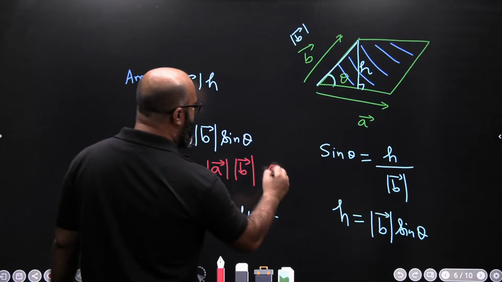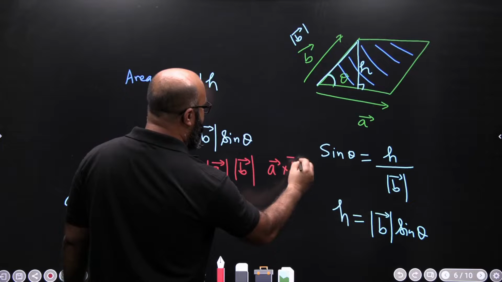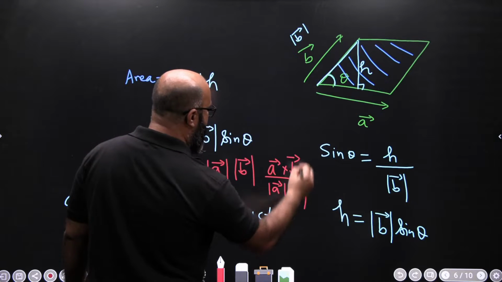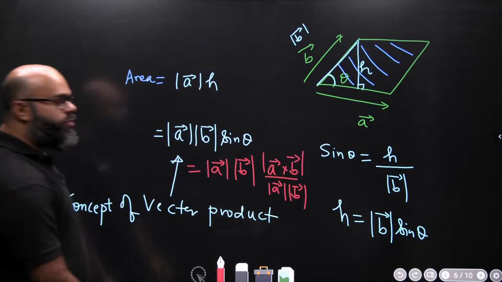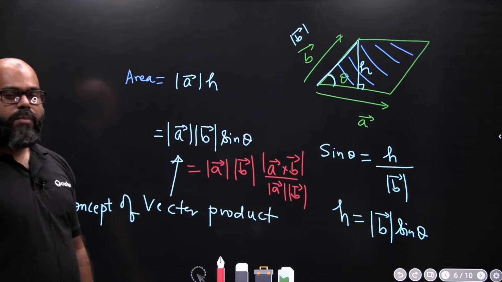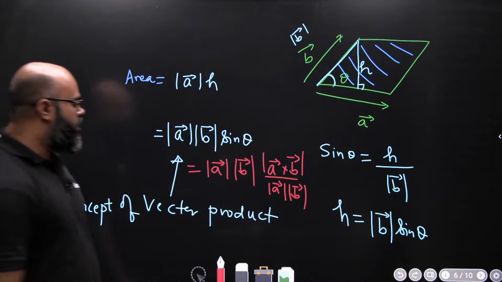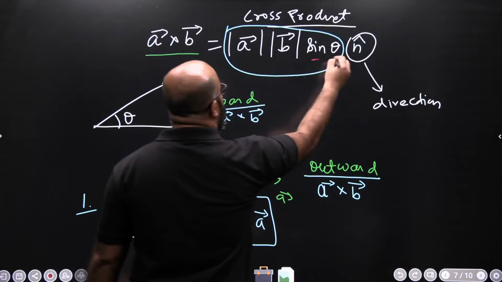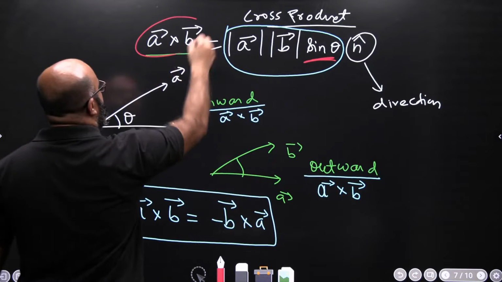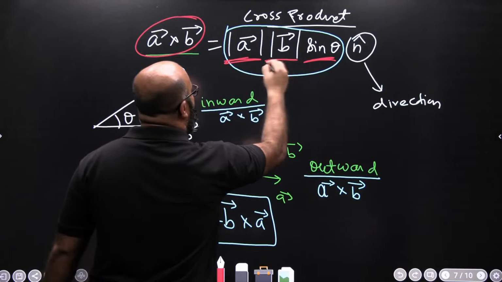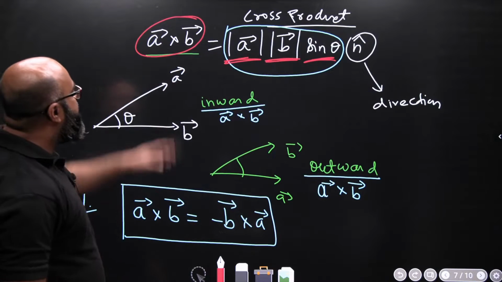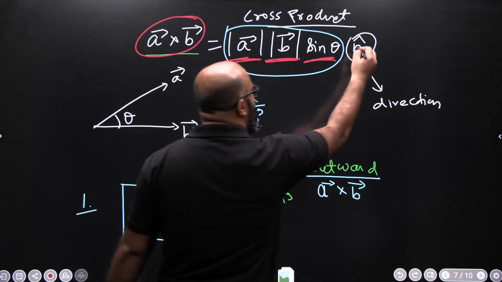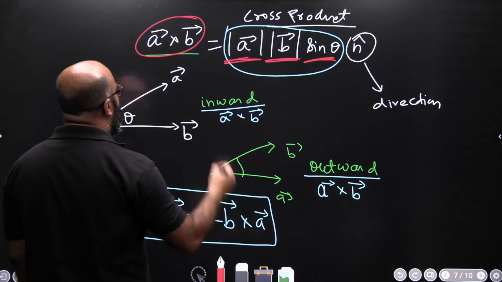It is A cross B by mod A into mod B, and take a mod of A cross B, because we don't want the direction here, because area does not need direction. Because here sin theta is A cross B upon mod A mod B, and I am not taking this unit vector n, I am just taking the mod on both sides.